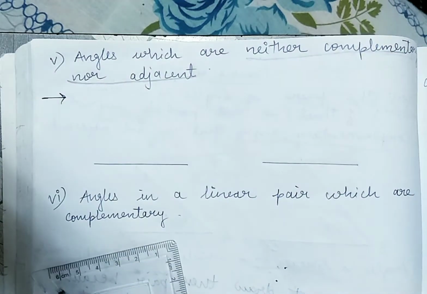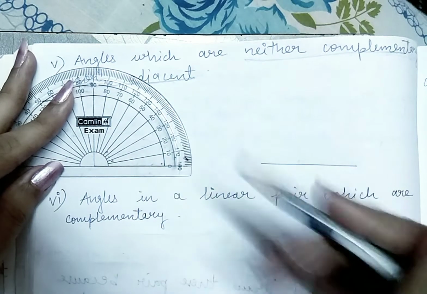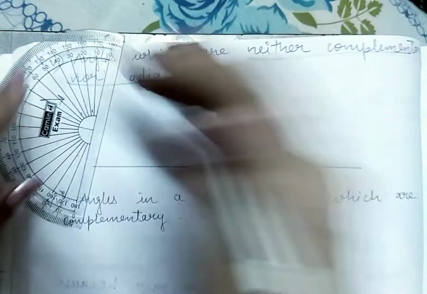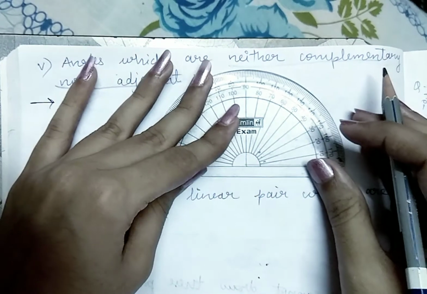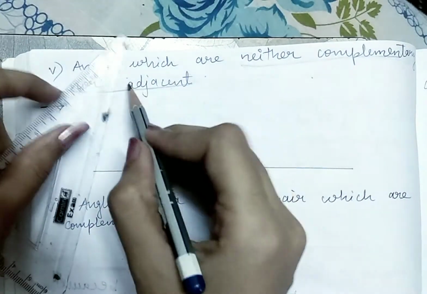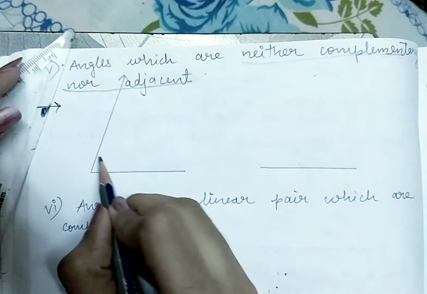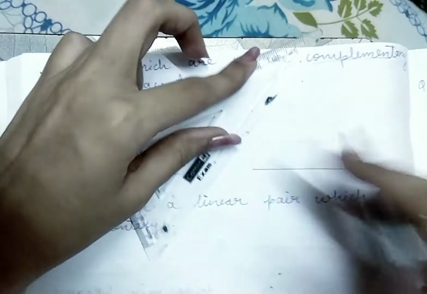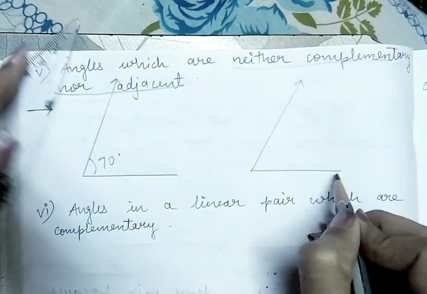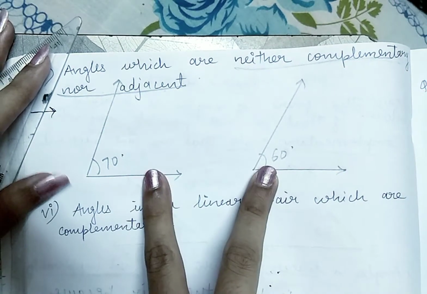The second condition we have to keep in mind when we are taking the measurements. So if I am taking here 70 degrees and 60 degrees, when we add these two, the answer is 130 degrees.